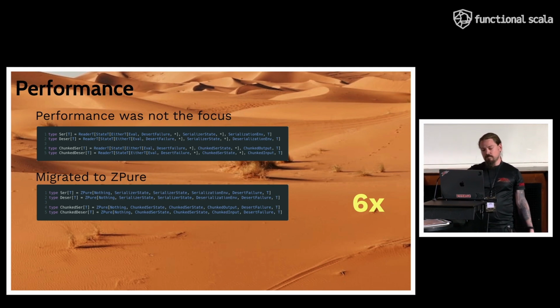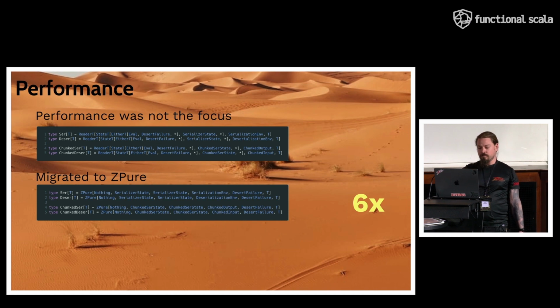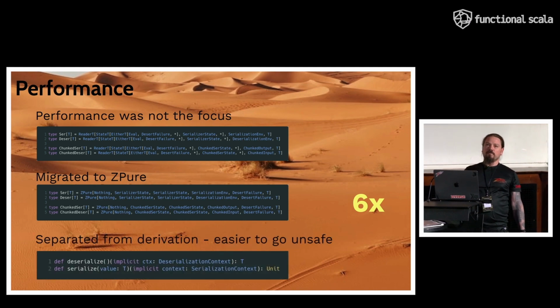But recently, when this library was really considered stable, and I separated all the codec stuff from the derivation stuff, so I can have a separate Shapeless and ZIO Schema-based derivation, now the code was clean enough, so I could just throw out all this functional code and just write the core of it in a simple imperative way.